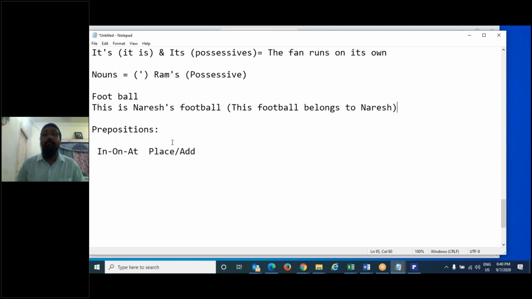So if we are talking about in, on, at, we use in, on, at in a sentence to describe a place and address, parts of an address.